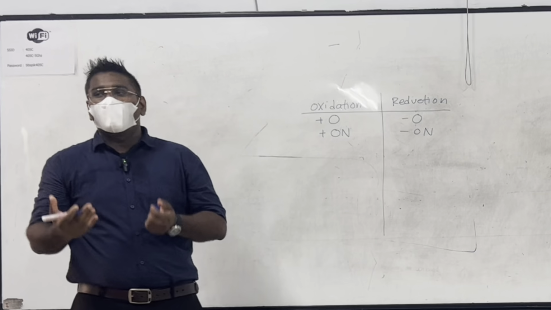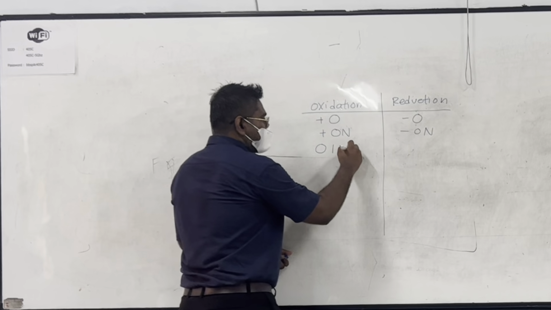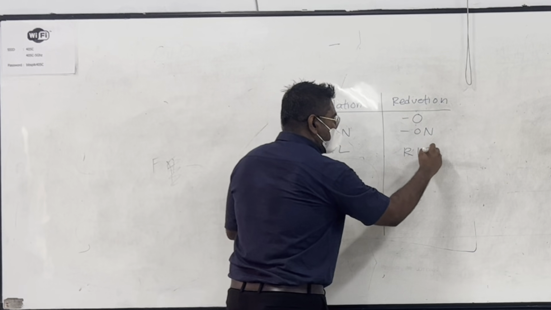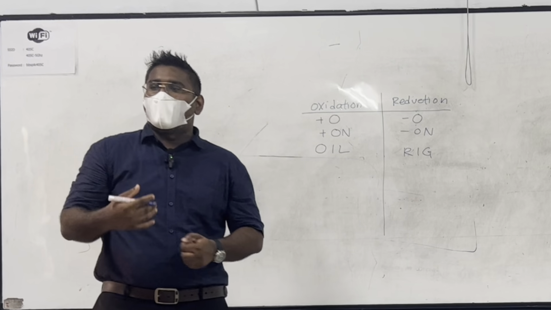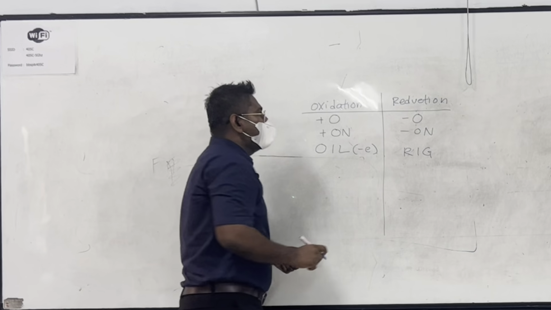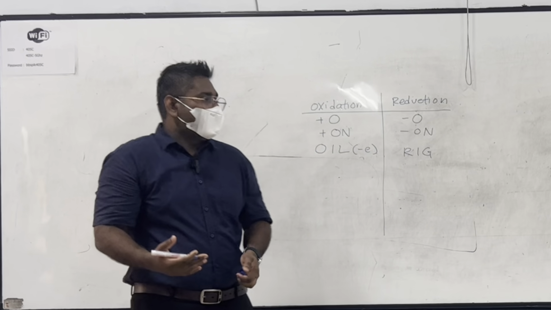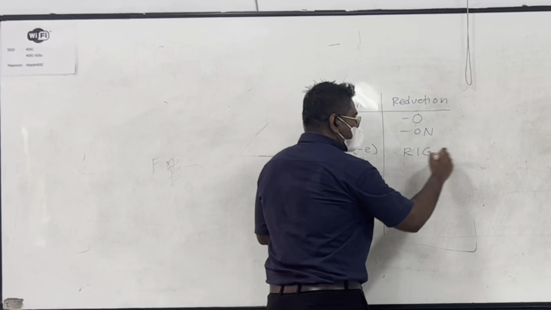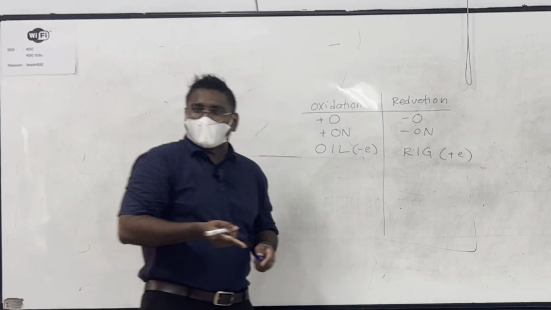And the third one is related to OIL RIG, which is related to electrons. Oxidation is loss of electron. Whenever there is loss of electron, it is oxidation. Reduction is gain of electron.